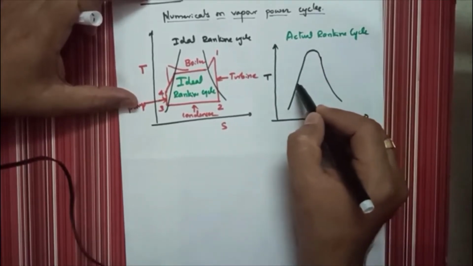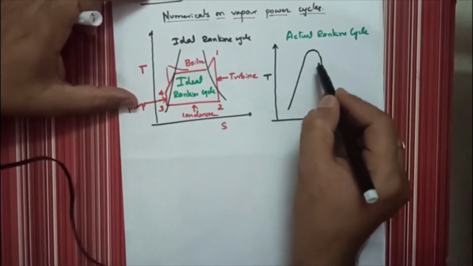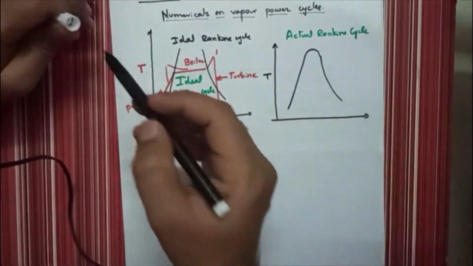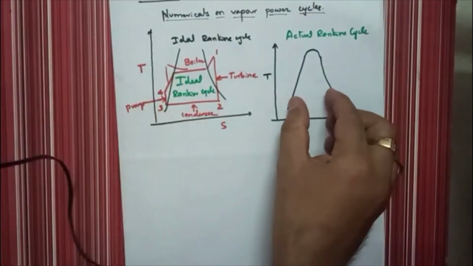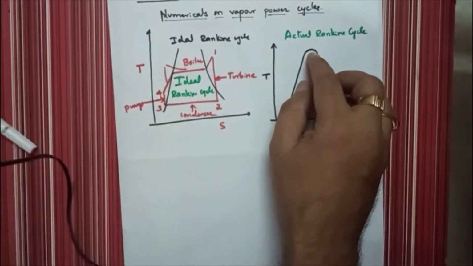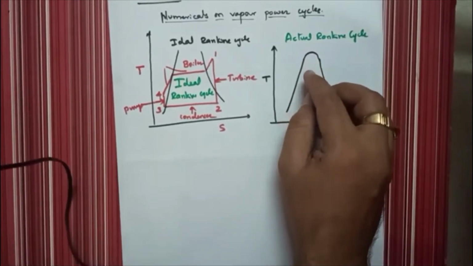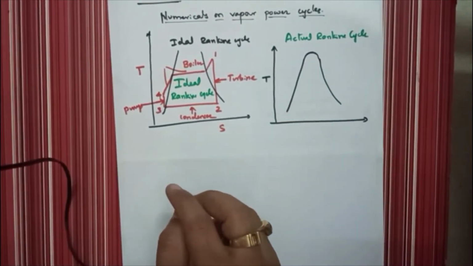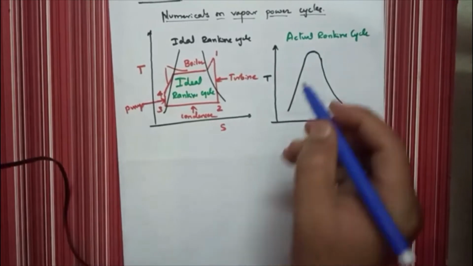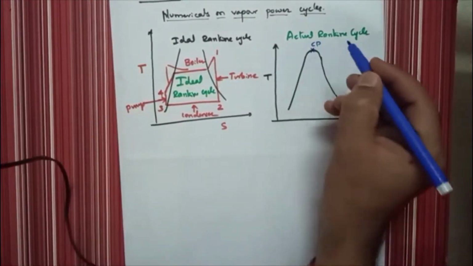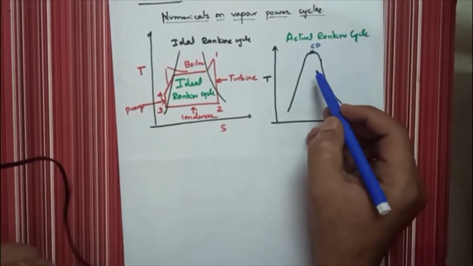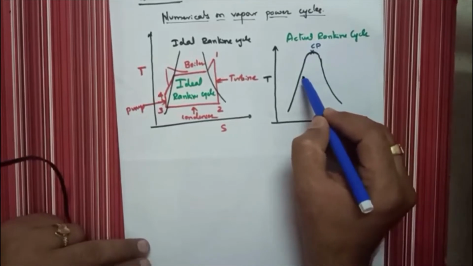This is the saturated liquid line, the saturated vapor line. Both these two lines will meet at a particular point, that is called the critical point, that we already discussed in the previous lecture. This is the critical point CP. Here I will draw the actual Rankine cycle.